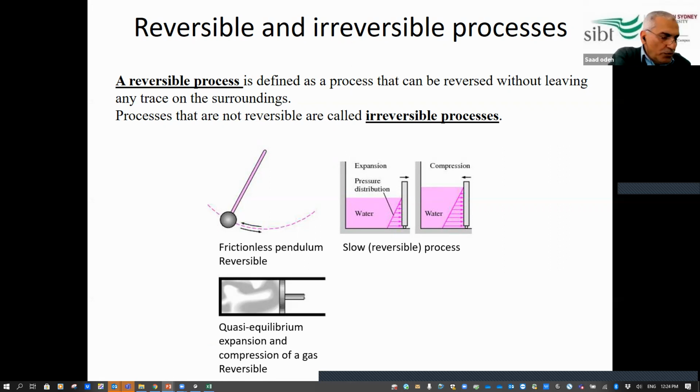When it goes from one side to the other side, it will return back to the same side, because there are no losses. Okay, same as with other applications in our life.